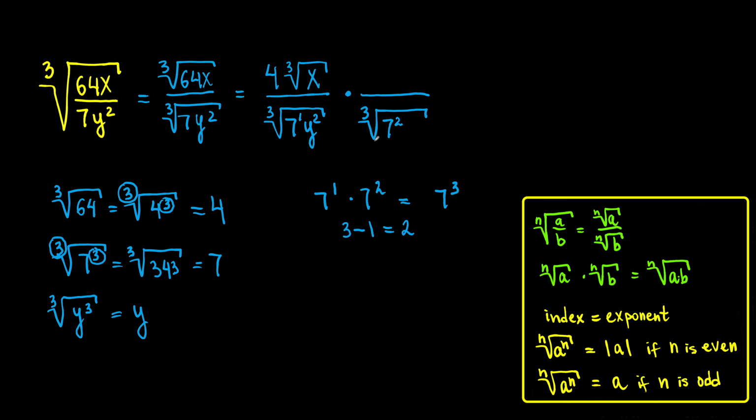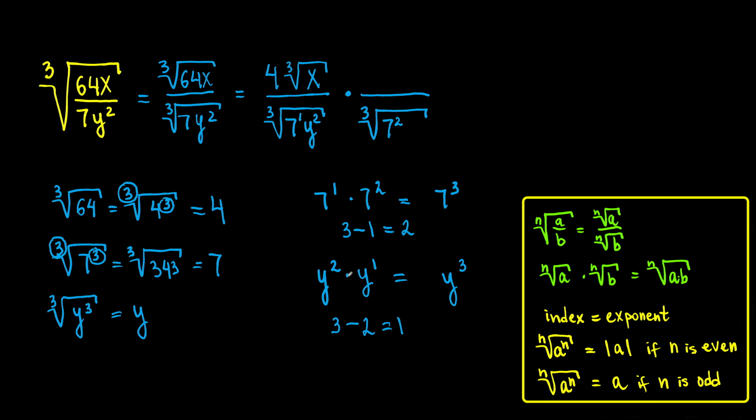Are you following me? Look, we have y squared under the cube root, yes? Y squared. What do we need to have? We need to have y cubed. So we take the exponent 3, subtract 2, which is 1. It means we need to multiply y squared by y to the first power, so we can get y to the third power.